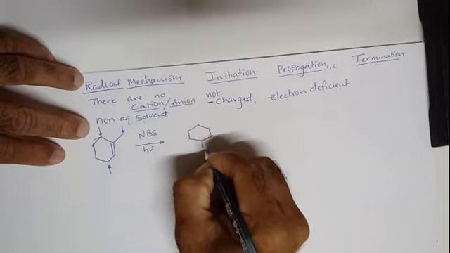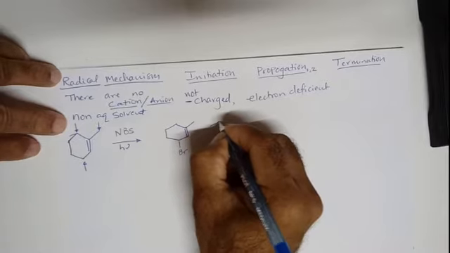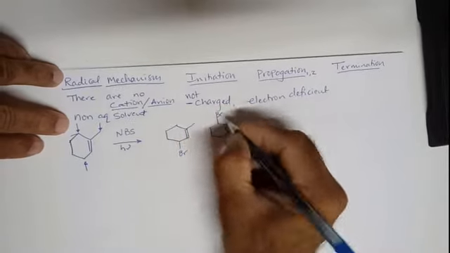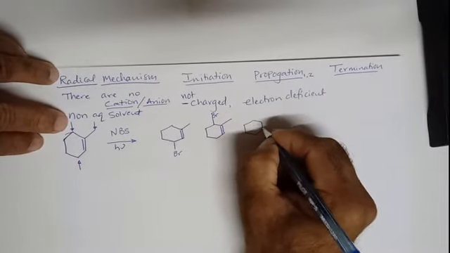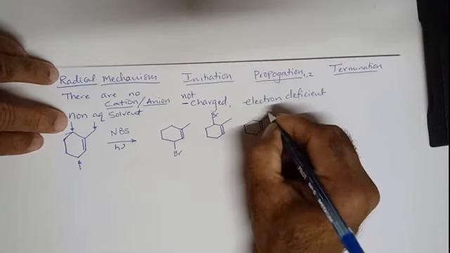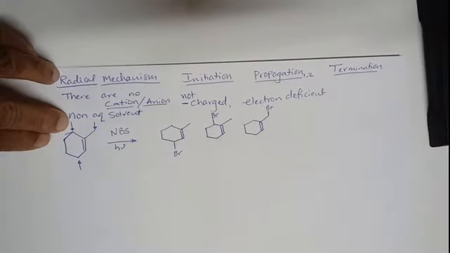We can have bromine here, we can have bromine there, and we can have bromine there. That is a preliminary level.